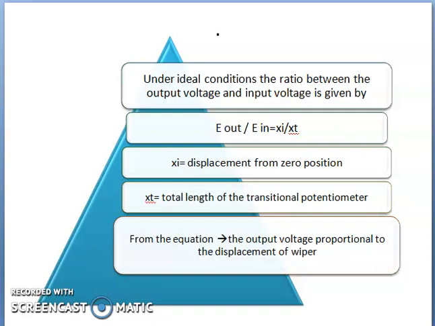From the equation, we can say that the output voltage is directly proportional to the displacement of the wiper.